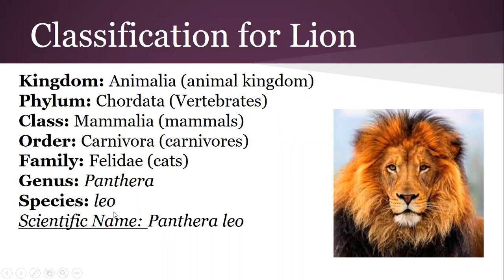And then leo is the thing that differentiates it from all other panthers. Remember, we had Puma concolor, which would be related down to the order. Obviously, the mountain lion is not the African lion. Thereby, it has a different genus and species.